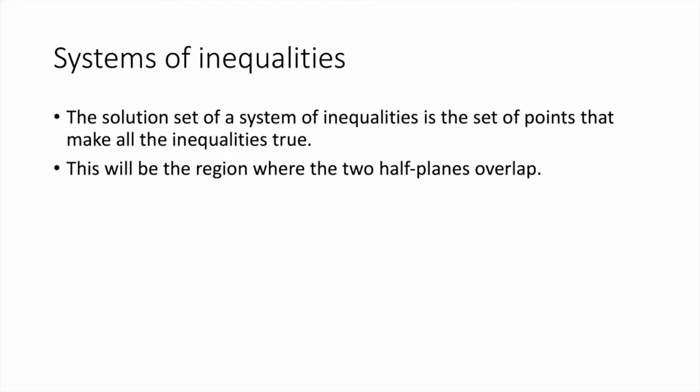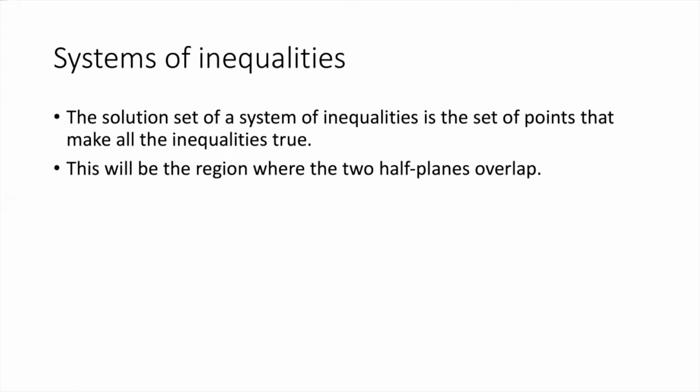All right. So now we're going to talk about systems of inequalities. The solution set of a system of inequalities is the set of points that make all of the inequalities true. So a system of inequalities consists of two or more inequalities.